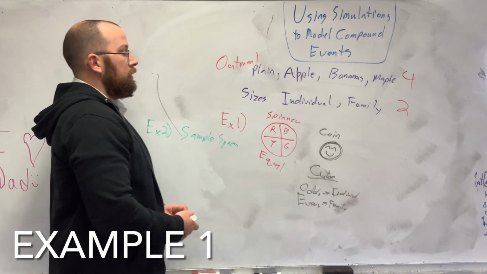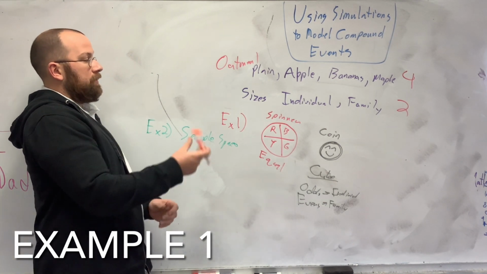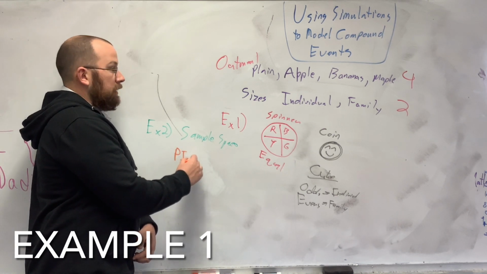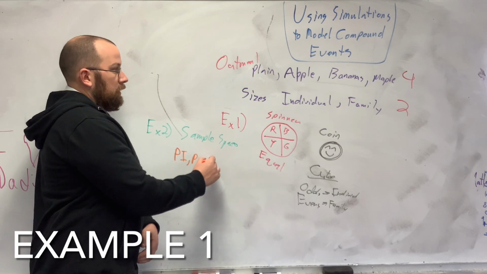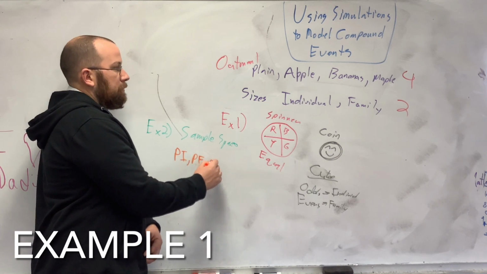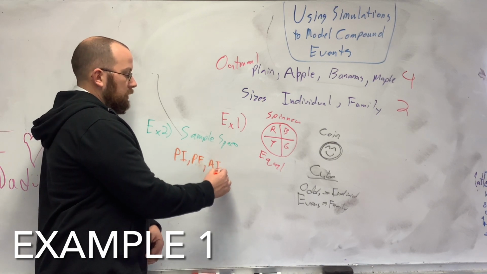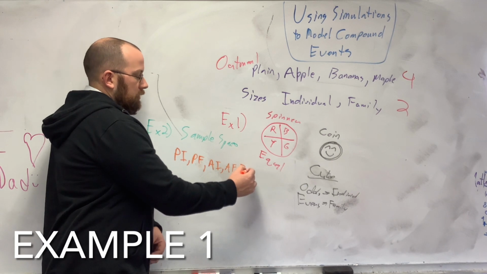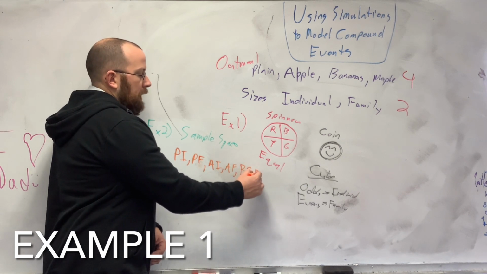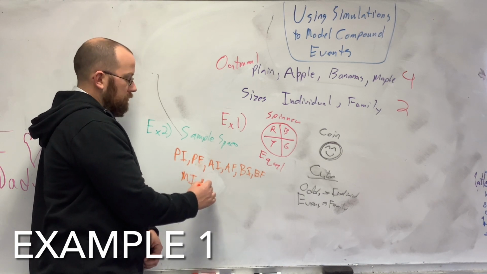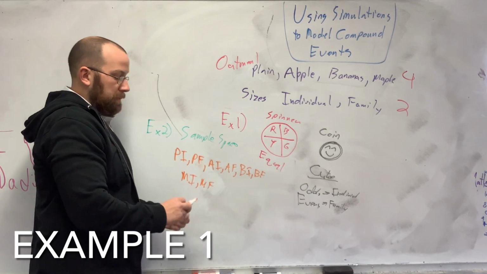I have plain individual, plain family, apple individual, apple family, banana individual, banana family, maple individual, maple family. And there you go, that would be your sample space for this.